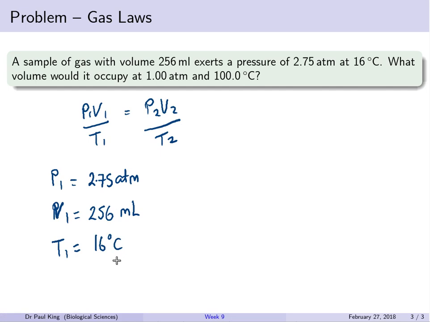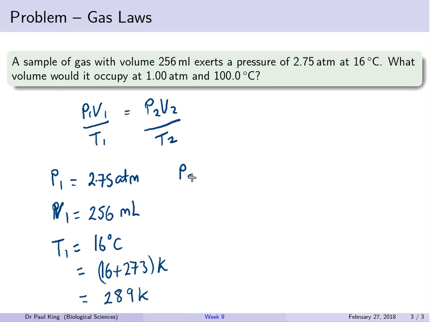And as I've already said, all of these gas law calculations must be carried out using the absolute temperature. So we need to convert that to Kelvin. That becomes 16 plus 273 Kelvin, giving us an initial temperature of 289 Kelvin. So we know all of our initial conditions.